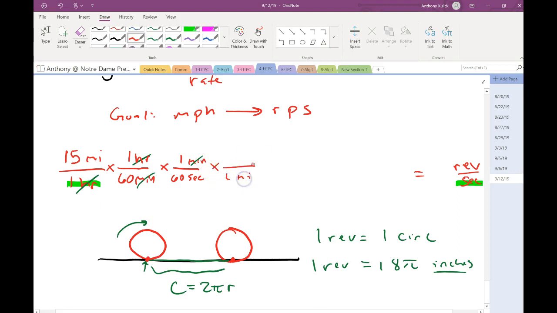I know that 1 mile is how many feet? 5,280 is correct. And then I know 1 foot is 12 inches. And then I know that 18 pi inches is 1 revolution.